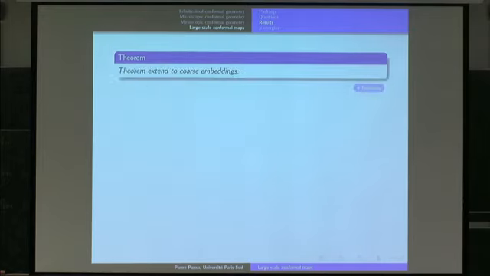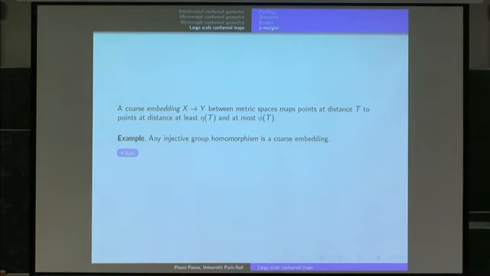Now, one point which is maybe not clear: technically the coarse embeddings, this is now a standard notion. Embedding is coarse if it maps points at a standard distance to points not too far and not too close, right?